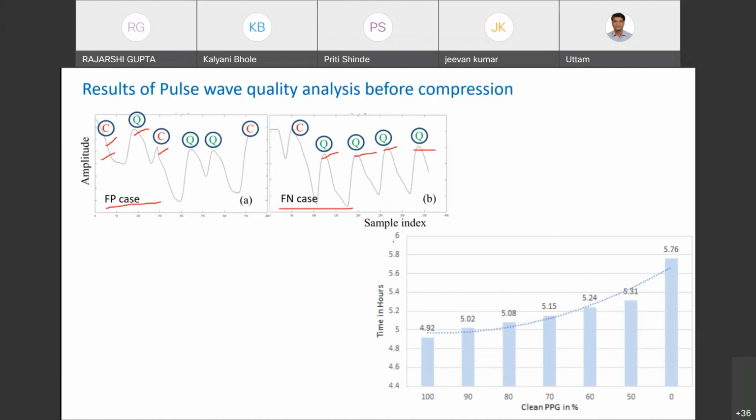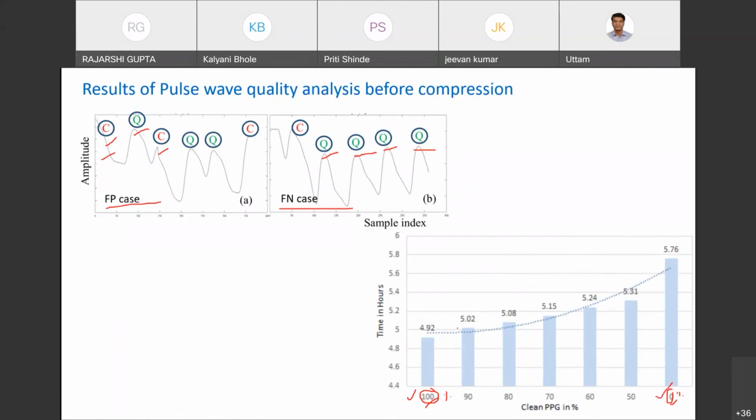What is more interesting that I wanted to show you is this graph where I have shown good quality pulses to bad quality pulses. So this 100 shows when we have 100% good quality pulses, and here when we have 0% good quality pulses. Sorry, I have said it in reverse. So this is 100% corrupted pulses, and this is 100% good quality pulses.